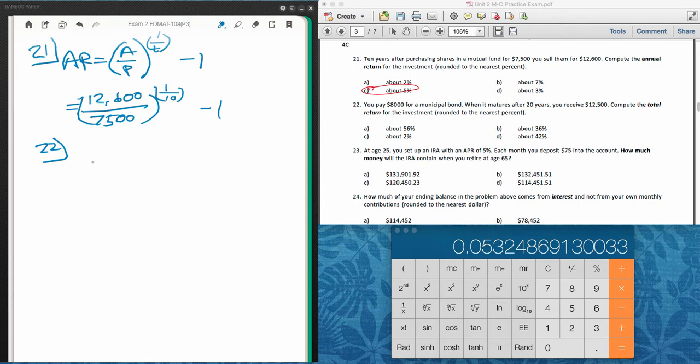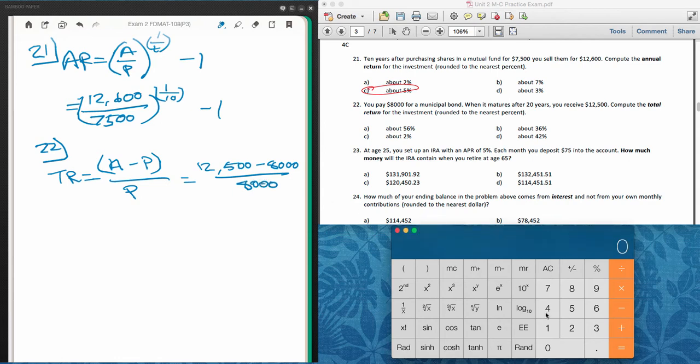And then this one is actually pretty easy. We just have to remember that the total return will be equal to the future value minus the principal, divided by the principal. So in this case, 12,500 minus our initial 8,000 principal, and we'll divide that by 8,000. So this is actually pretty quick to compute.